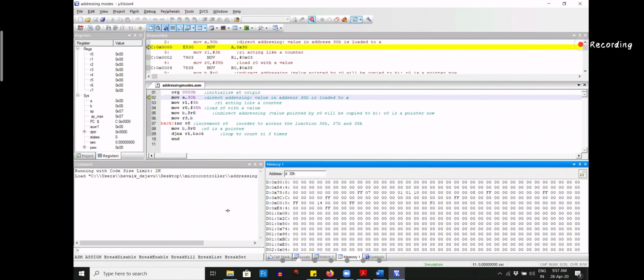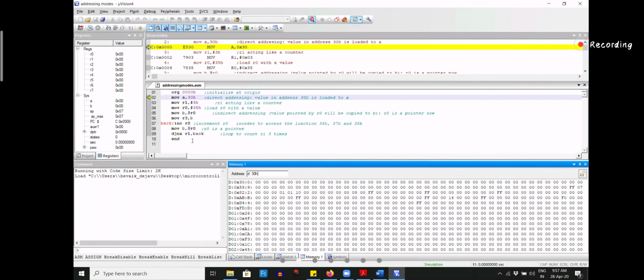So now this is your 30h location. This particular location is your 30h, then 30, 31, 32, 33, 34, 35, 36, 37, 38, 39, 40, 41, 42, 43, 44, 45.